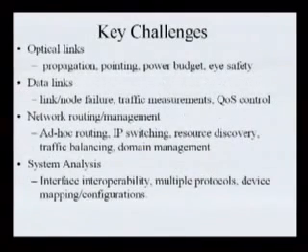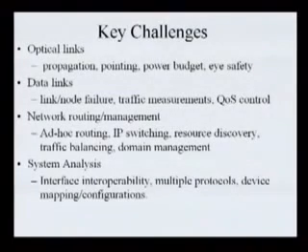Now, the key challenges we have to face are, first, the optical link. The propagation is a problem in poor weather. Pointing is also a problem, so you need to spread the beam out a little bit. Power budget and eye safety are problems. For the data links, we have link failure, node failure, traffic measurements, quality of service control, network routing, ad hoc routing, IP switching, resource discovery, traffic balancing, domain management, and all that stuff.